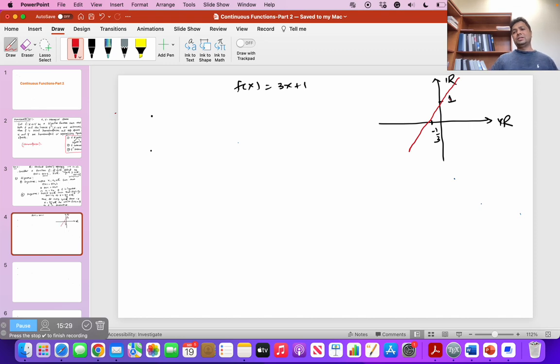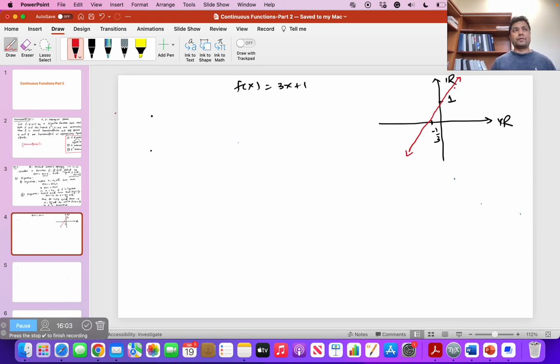Now if you use the horizontal line test, it is injective, meaning any horizontal line you draw intersects the graph once. Also, the codomain of our function is the set of real numbers, and the range keeps going down and keeps going up, so the range is also from negative infinity to positive infinity. So the function is bijective, both injective and surjective.